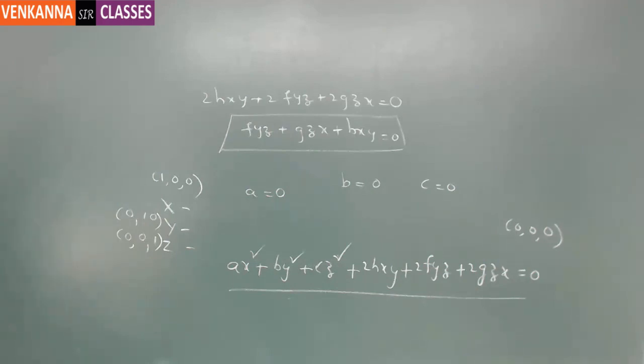The cone having the three axes as generators, this is the formula. Okay, so please take a note of it. Clear?